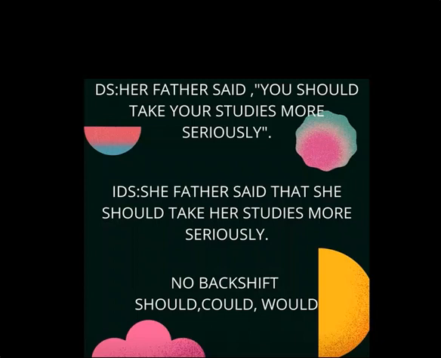Should remains should, could remains could, and would remains would. So in direct and indirect speech, two tenses remain the same as always. Past perfect remains past perfect always. Past perfect continuous remains past perfect continuous always.